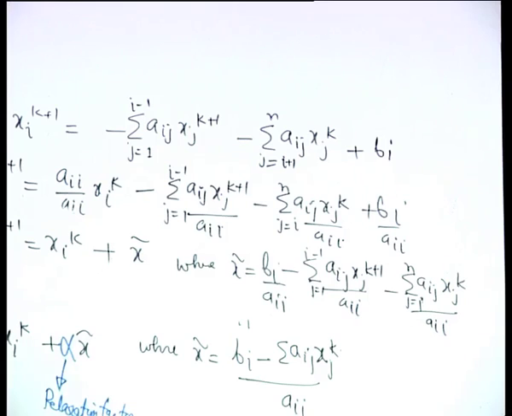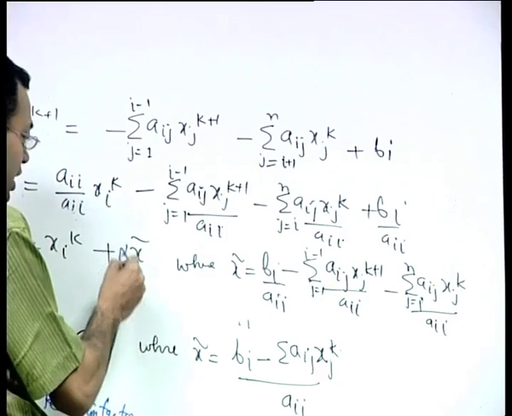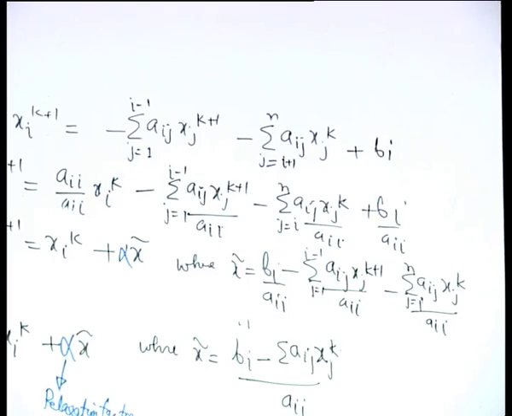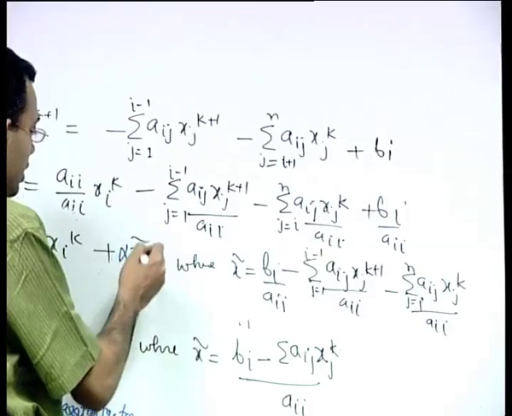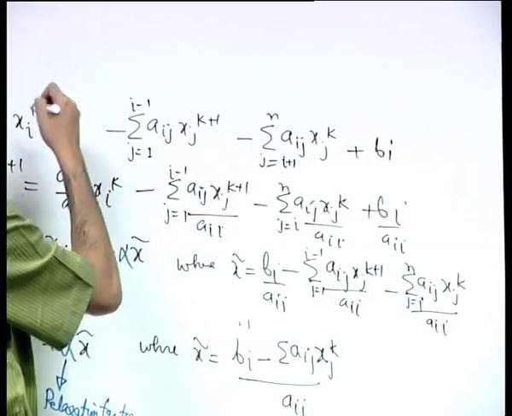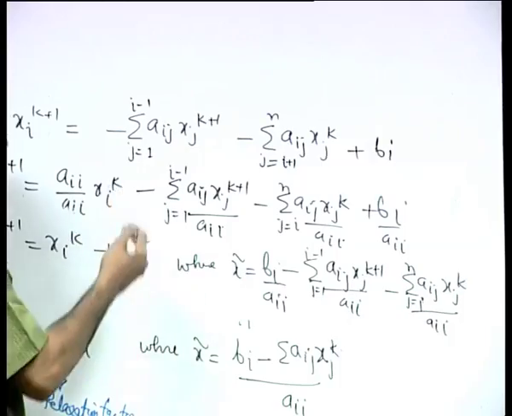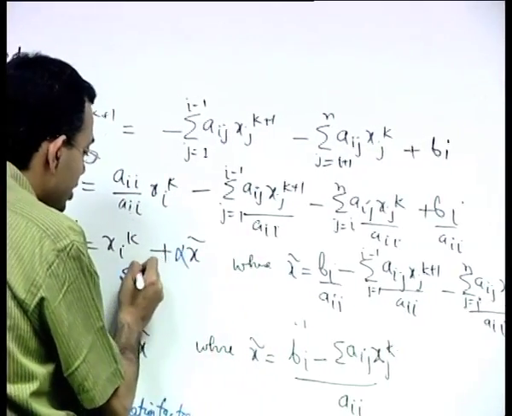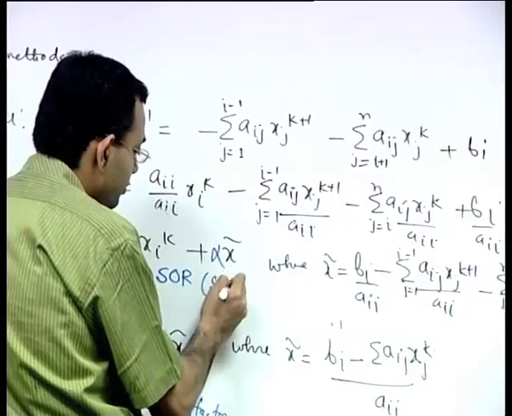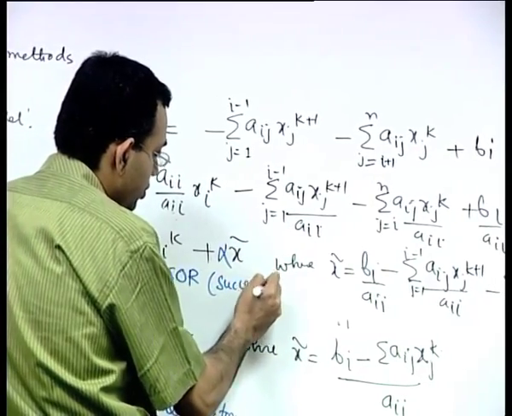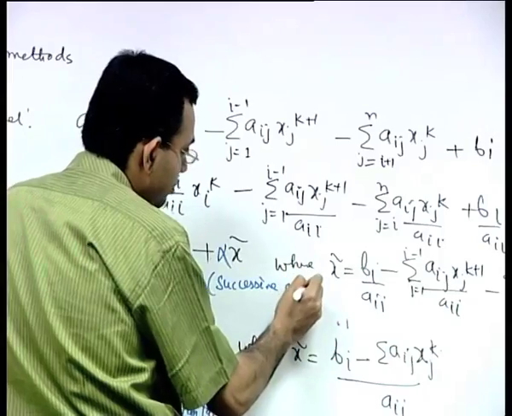So here also you can introduce the relaxation parameter alpha, and this particular method, when it is derived originally from the Gauss-Seidel method with a relaxation parameter, is called the SOR method or successive over relaxation method.